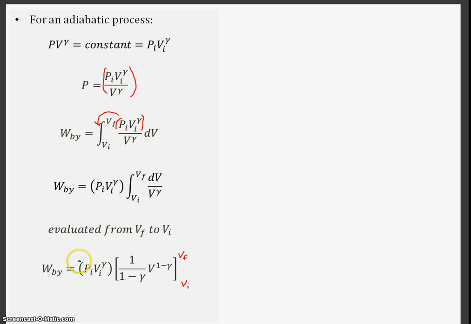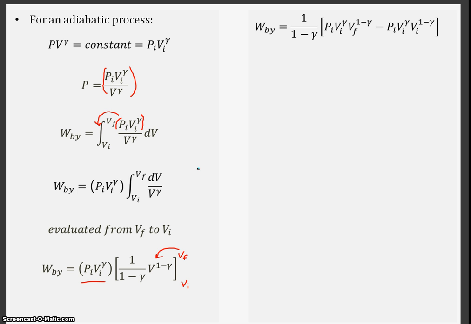Okay, so it's the initial condition, V initial to the gamma, times 1 over 1 minus gamma, V to the 1 minus gamma. Okay. So what you can do is plug in V final here, then plug in V initial and subtract that off, and then you multiply by P initial, V initial to the gamma, and you get this messy looking thing.